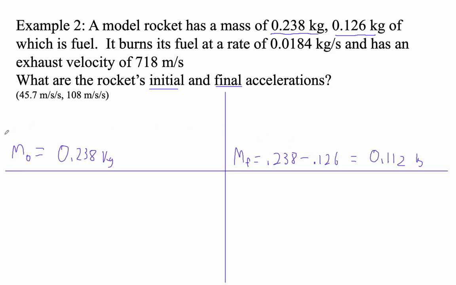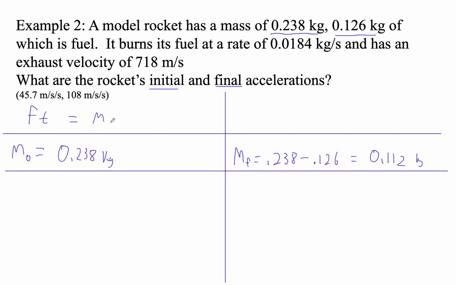Okay, the next thing to do is to figure out what the thrust of the rocket engine is. So force times time is mass times delta V. And by the way, this is where most of the mistakes occur. So let's plug the numbers into that. Force is what we're solving for. Notice that this is a kilograms per second question, so I'm going to plug in 1 second for the time, just like in the first example, equal to this mass, 0.0184, times this delta V for the exhaust gases, right?